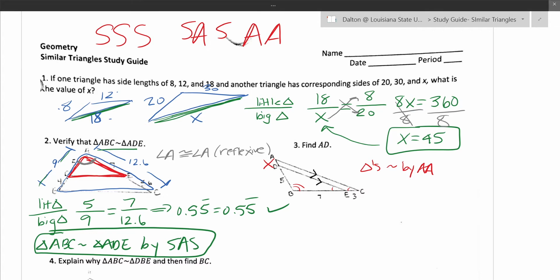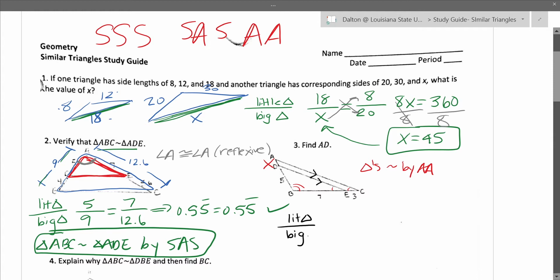So again, just to keep things consistent, I do little triangle over big triangle. So let me outline the little triangle in black. Okay, one of the little triangle measurements is 5. It is the left side of the little triangle. So actually, I'm going to do the other one. You'll see why here in a second.